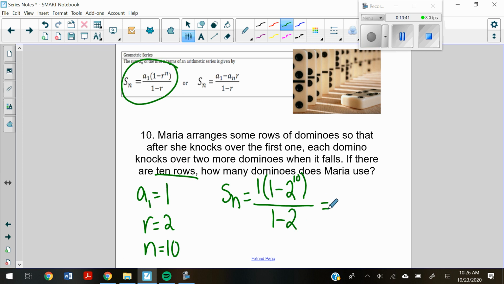All right, so you can just type the top into your calculator. You really don't even need that 1 multiplying in the front: 1 minus 2 to the 10th. So we get negative 1,023. And 1 minus 2, we get negative 1. So it makes our solution 1,023 dominoes.